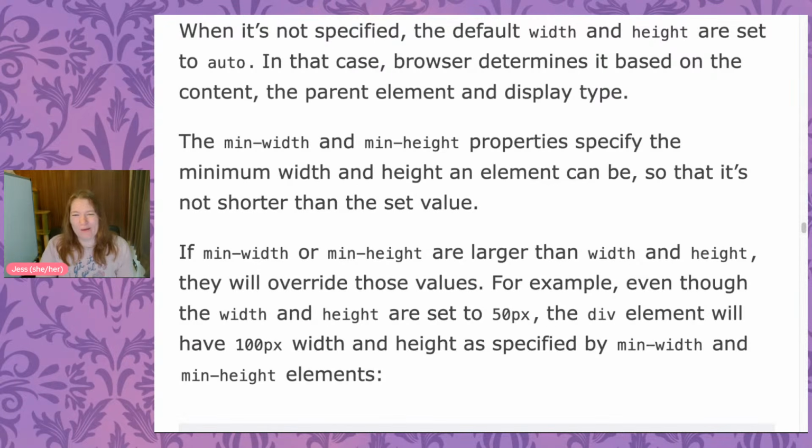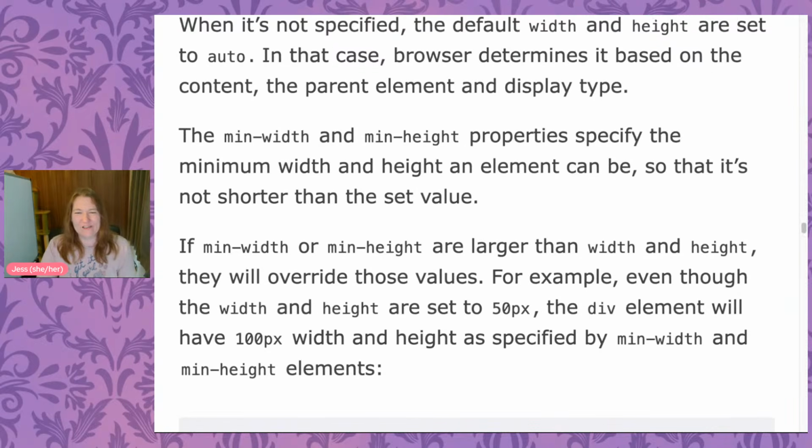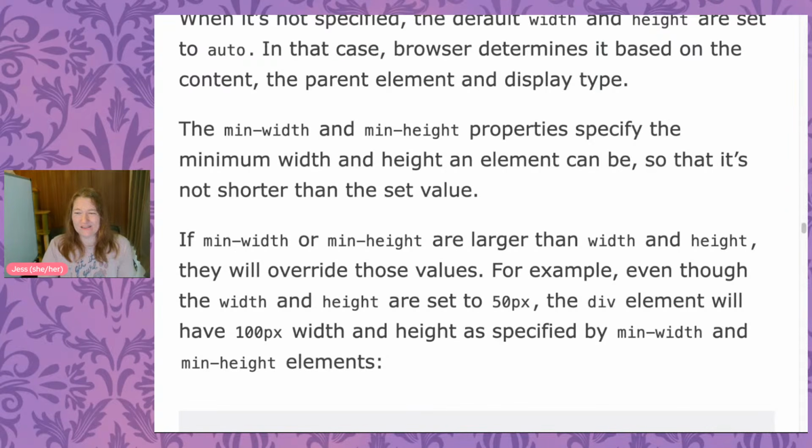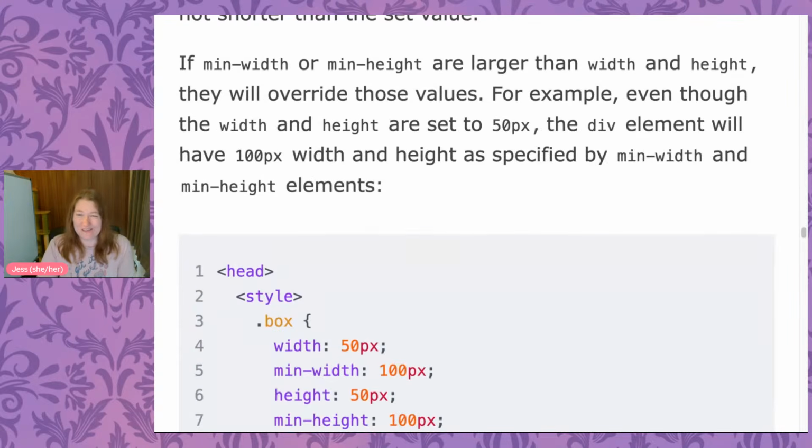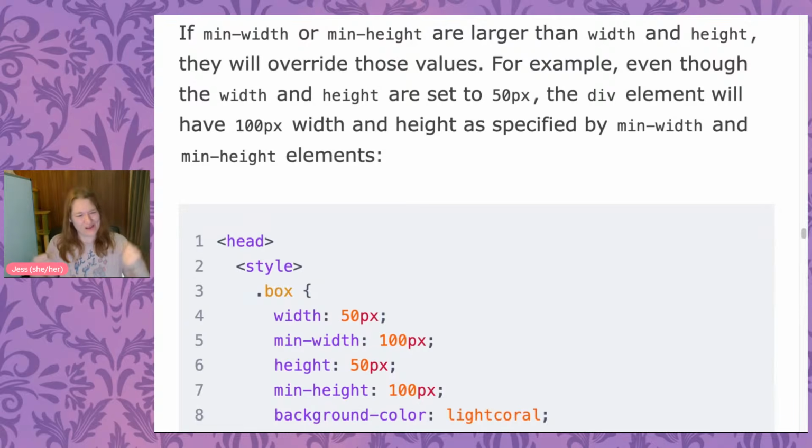If the minimum width and minimum height are larger than width and height, they'll override those values. So if the width and height are set to 50 pixels and the div element has 100 pixels of min width and min height, it's going to go with min width and min height, because those win in the boxing match.